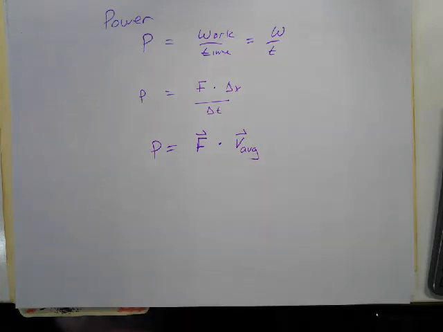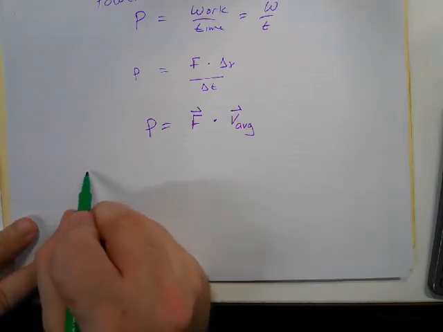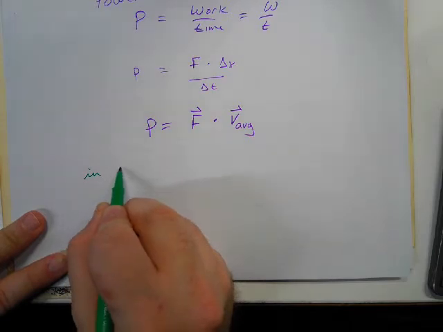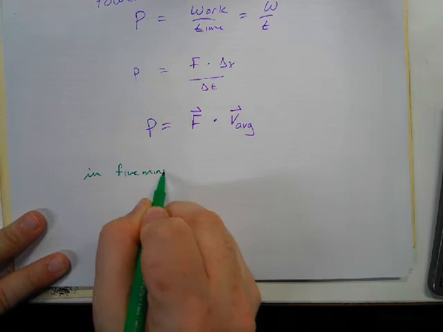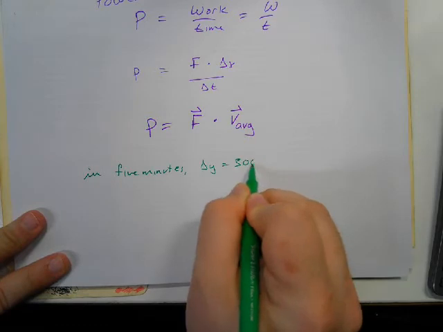So sometimes you want to know the power. I think I give you something in the notes. First, define the power and talk about some units. The example we have is climbing a set of stairs. All right, so let's find that problem here. We climb up the stairs of this 90-story building in 5 minutes, and delta y is 300 meters.